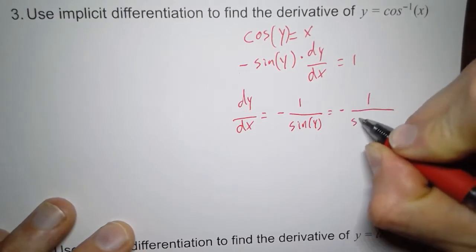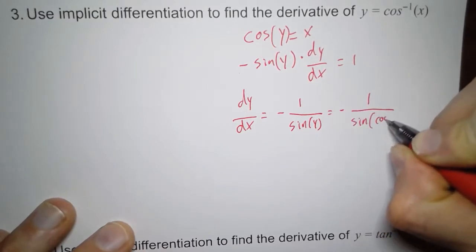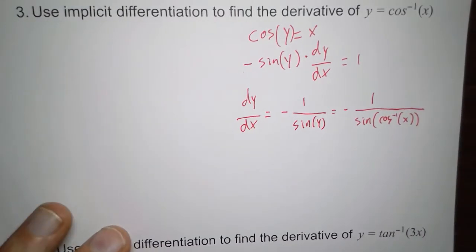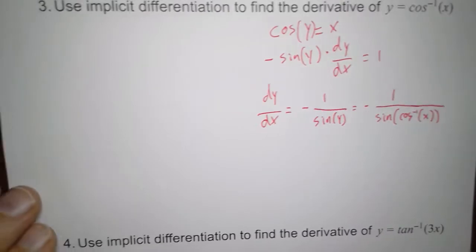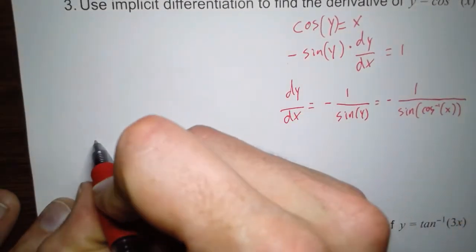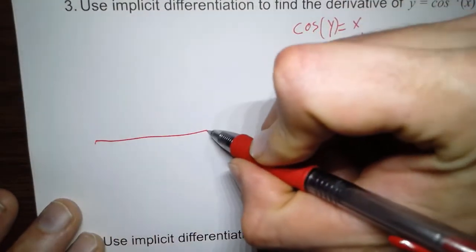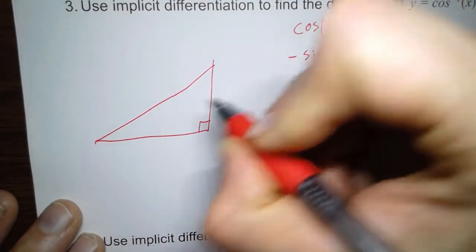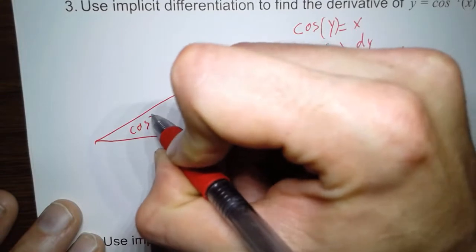So sine of cosine inverse of x, like that. Again, as with the previous problem, we'll set up a right triangle. The angle in question is cosine inverse of x.